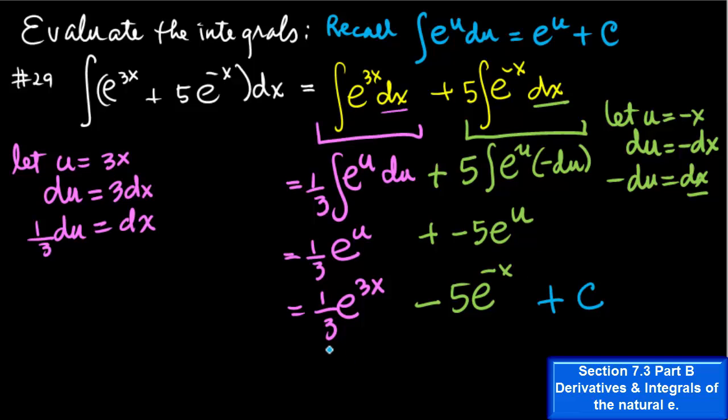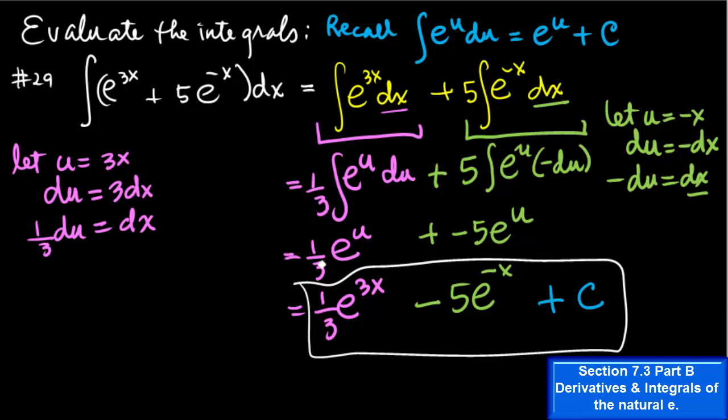The nice thing about integrals is that we are able to verify whether we have the right antiderivative by differentiating. So let's try and do that. What is the derivative of e to the 3x times 1/3? It's going to be e to the 3x, times 3 cancels out the 1/3. So there you go, that's a check. Then what's the derivative of minus 5 e to the minus x?